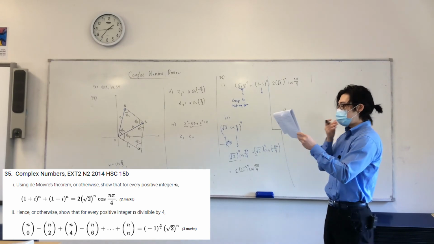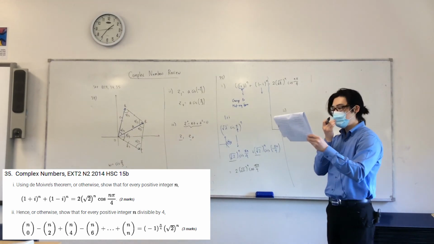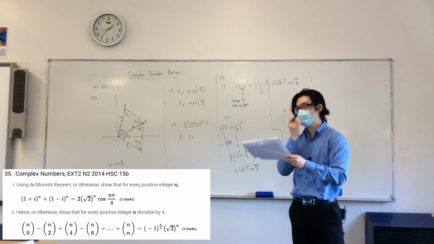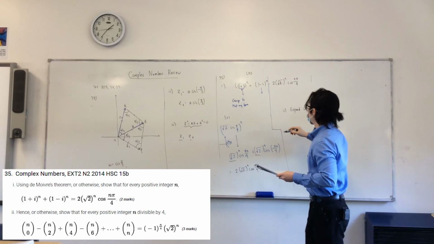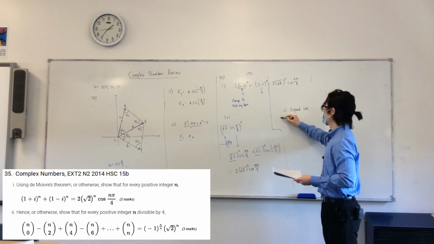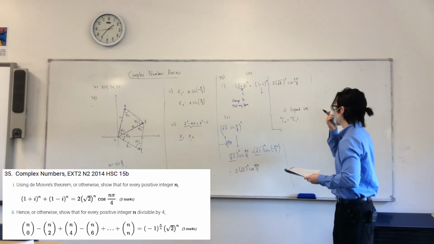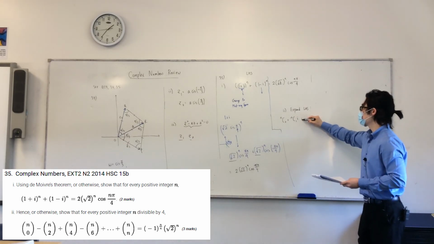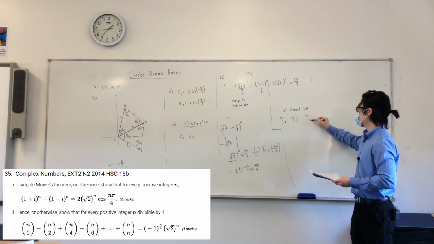Hence or otherwise, show that, right. So in the second part, as you can see, we do need to actually expand it. Using binomial theorem, NC0 plus NC1 I. Yeah? Next one would be minus NC2. Does that make sense?